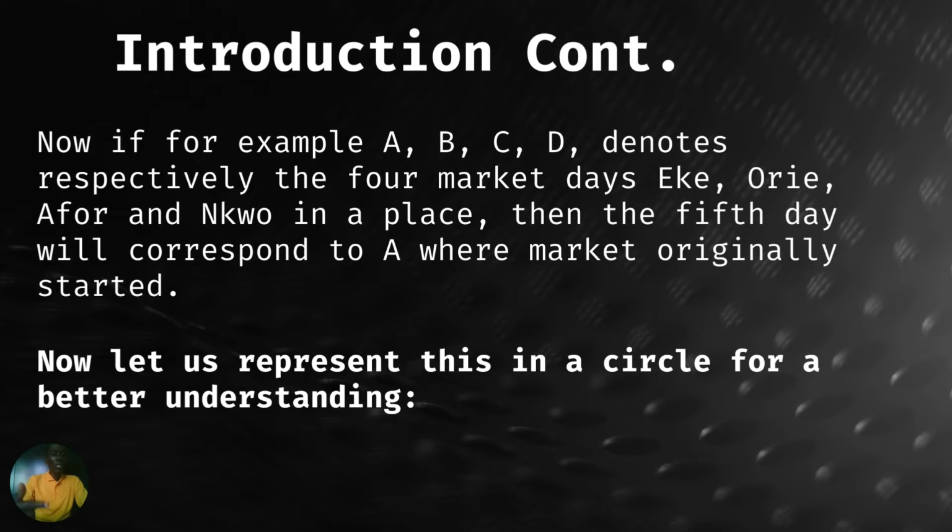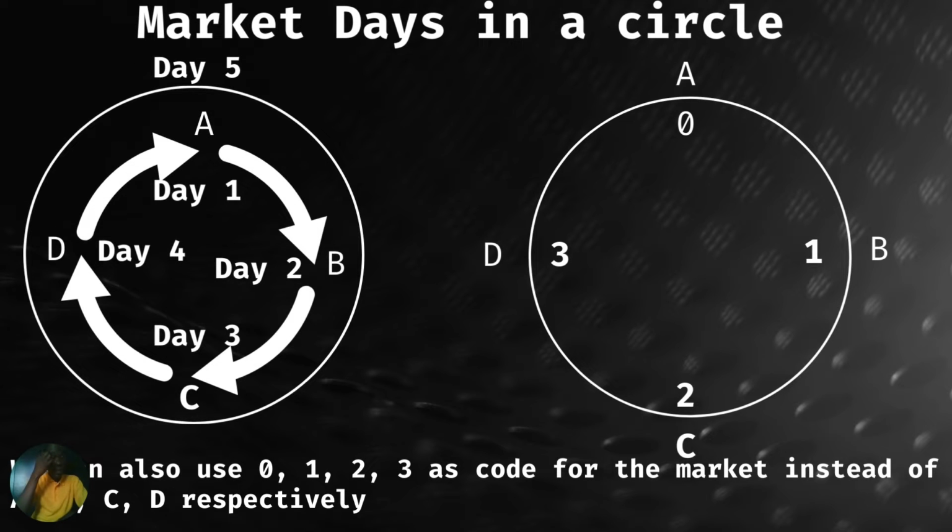Now, let us represent this in a circle for a better understanding. If we check out this circle, you come to understand something about it. We've looked at this market day in terms of a circle. We represented A with 1, B with 2, C with 3, and D with 4.